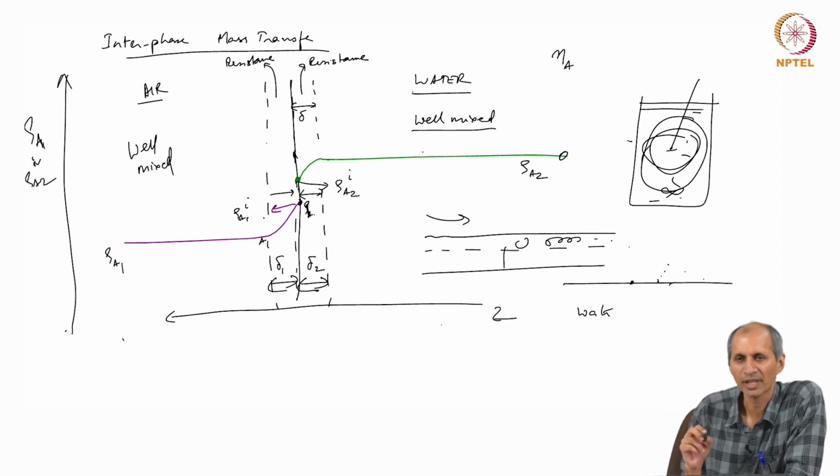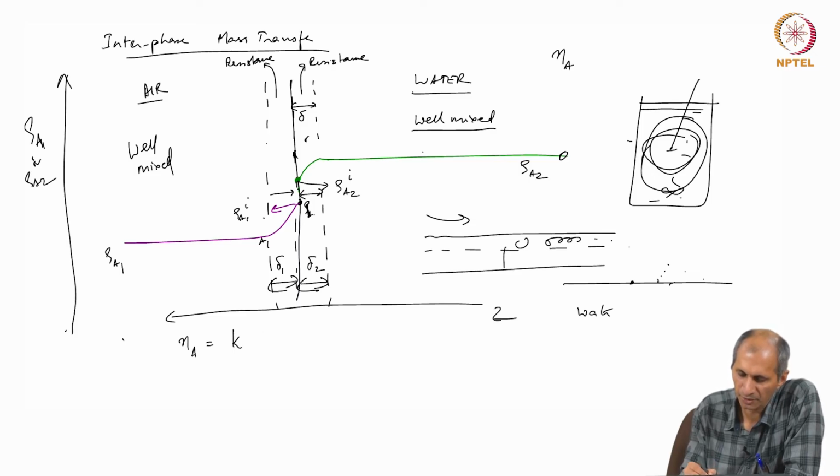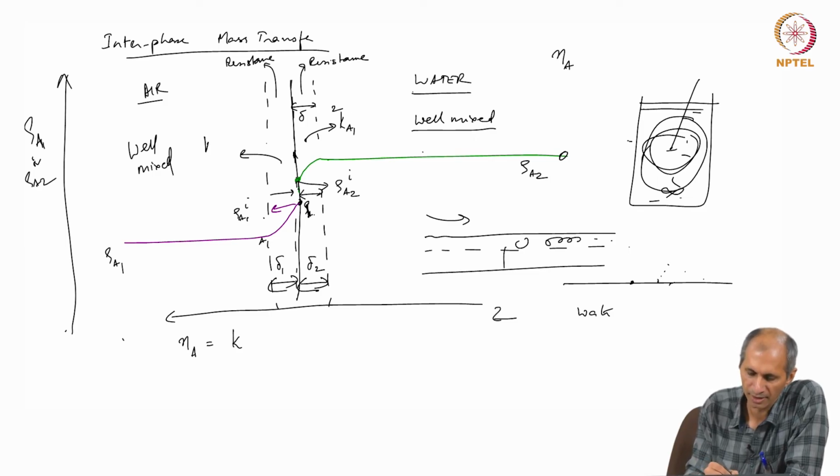So here is where we invoke a steady state assumption. The steady state assumption is as follows. We have N_A equals, so the resistance corresponding to this phase, we call it Ka21, and the resistance on this side is Ka12.